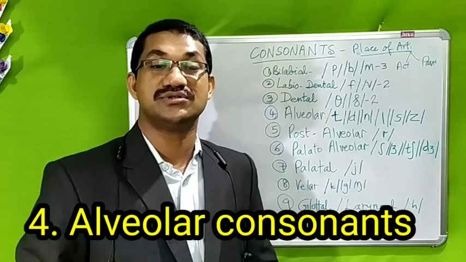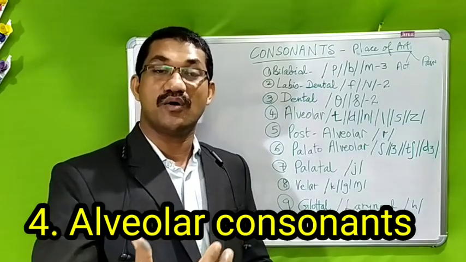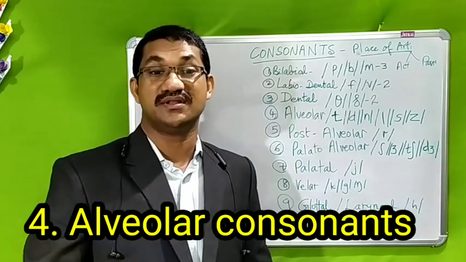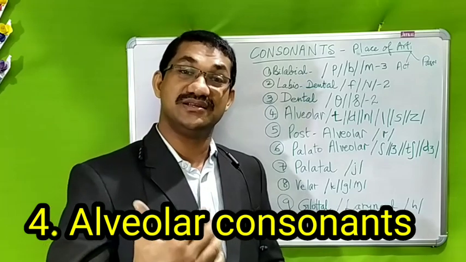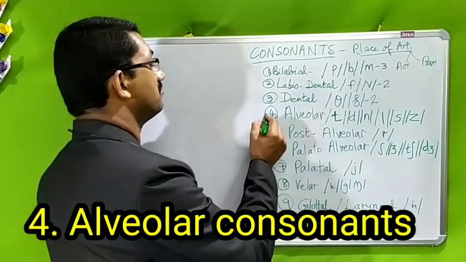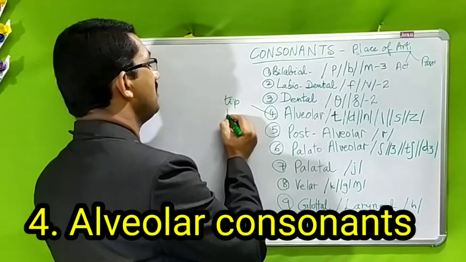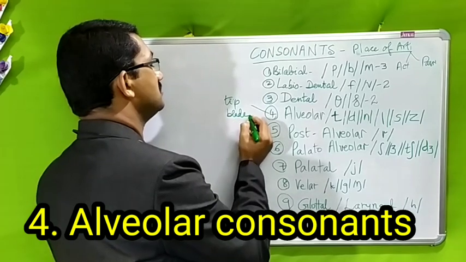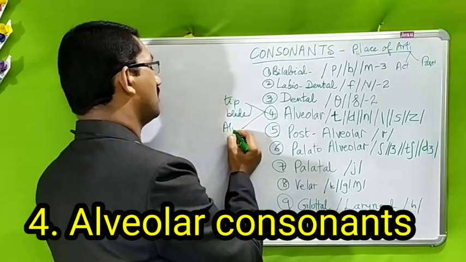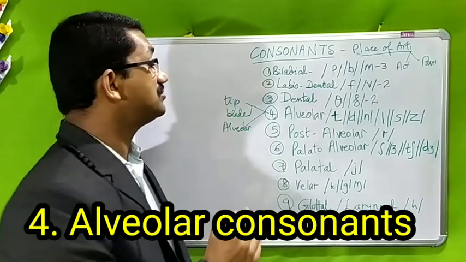And alveolar sounds are produced by the tip of the tongue or the blade of the tongue. Sometimes the tip, sometimes the blade of the tongue, is against the teeth ridge. So the tip or the blade of the tongue is against the alveolar ridge or the teeth ridge, right?